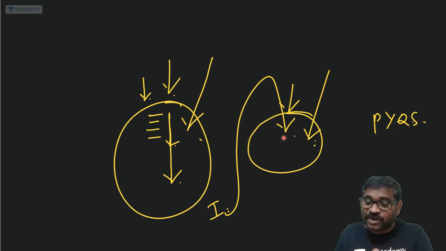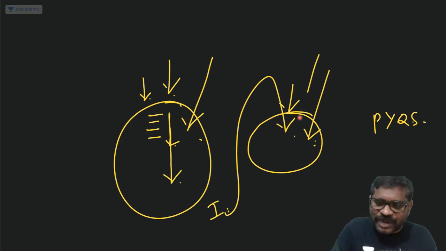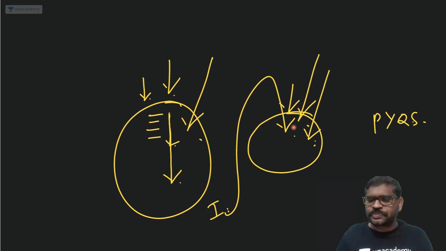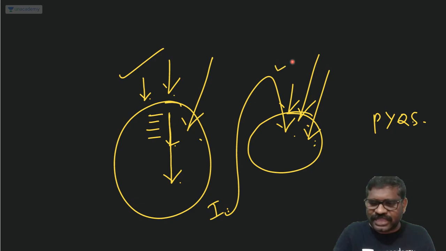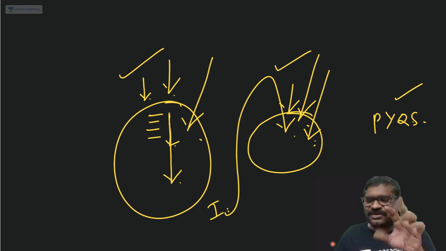Solutions I have not given; those solutions are available in this practice course. First regular course, then practice course, then PYQs. This is the order. If you follow this order, you can get 15 out of 15 marks. 100%, I can give the guarantee.